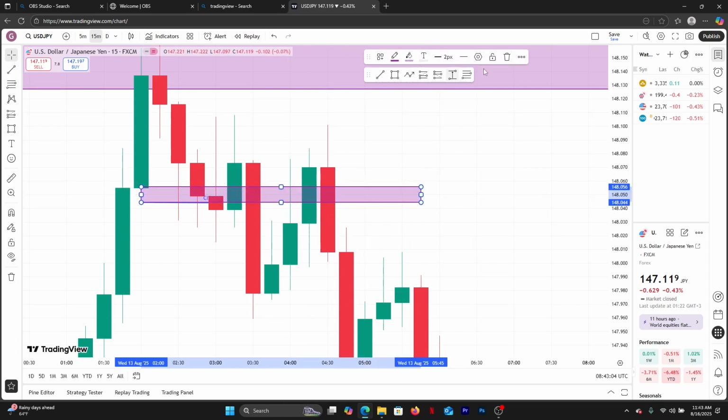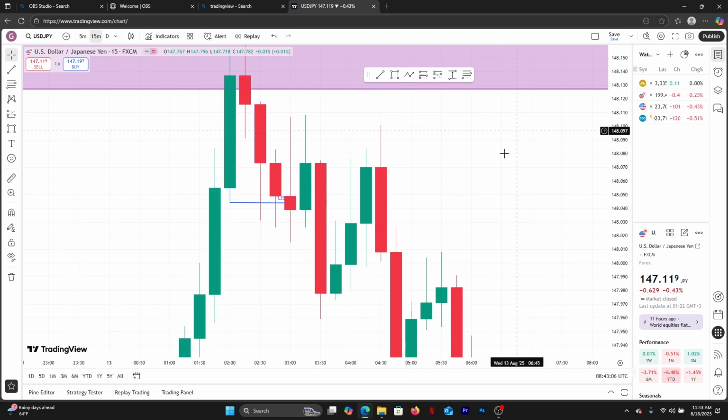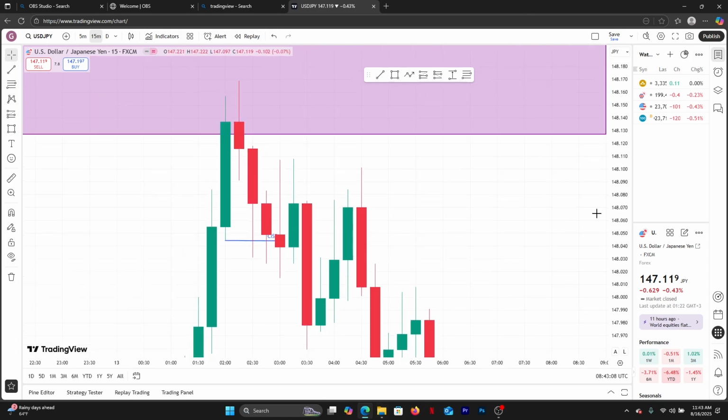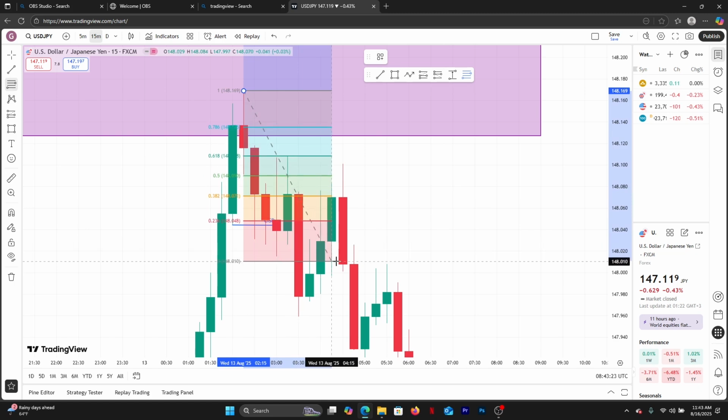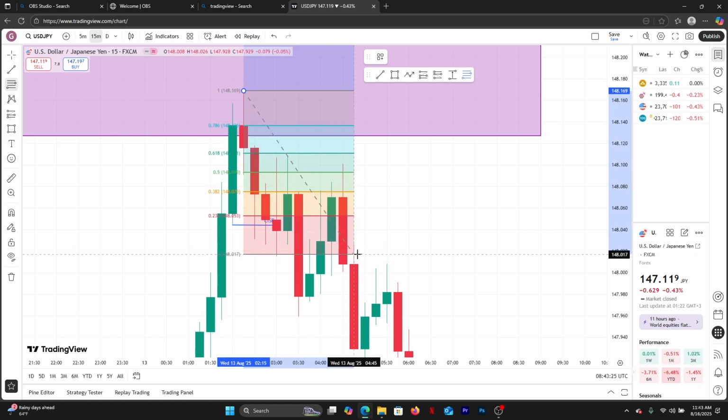And then another way, which is usually one of my favorites, is you mark the dealing range high to the dealing range low of this series of down close candles that gave us this change in state of delivery, and that would be from this high to this low right here.